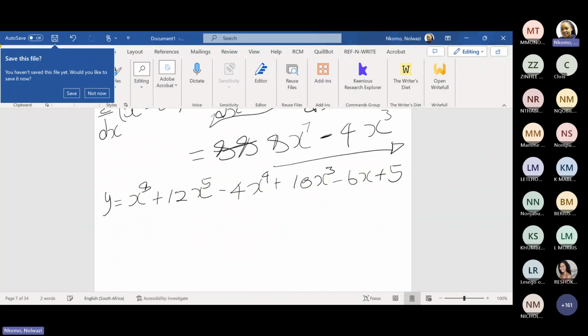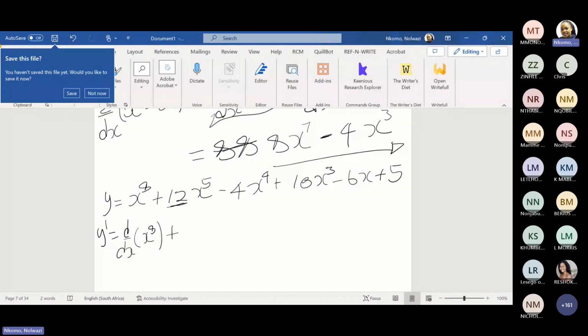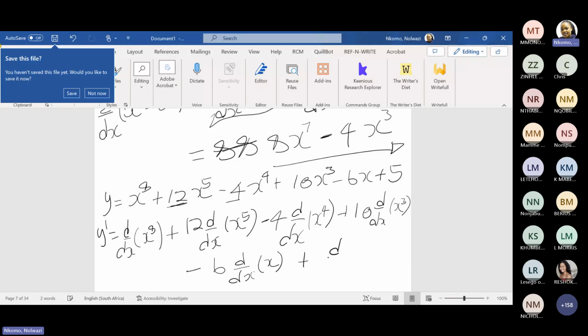Meaning I will separate this function with their signs, and then take out the constants, the ones multiplying. So we have y prime equals d/dx of x to the power 8, plus, we take out the constant, that's rule 3, 12 d/dx of x to the power 5, minus 4 d/dx of x to the power 4, plus 10 d/dx of x to the power 3, minus 6 d/dx of x, plus d/dx of 5.